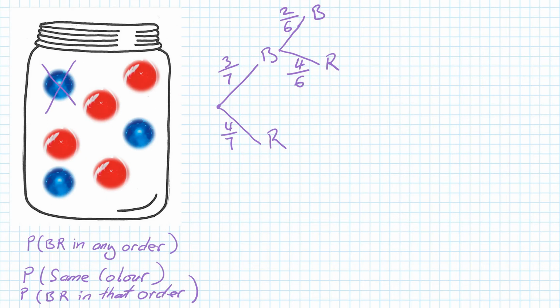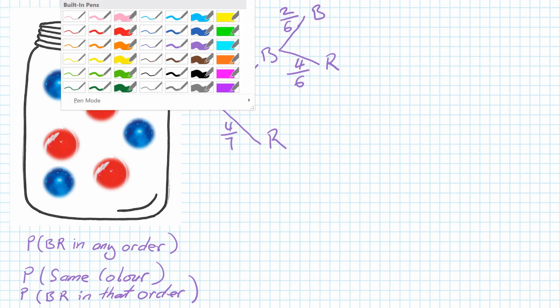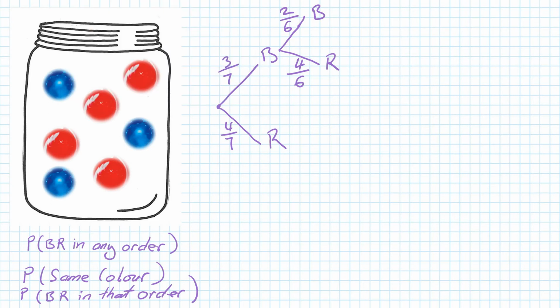Now let me clear the cross out first, to make it clear for you. In this stage, what happened is I get a red marble first. If I get a red marble on the first draw, this is gone, right? So you're left with 3 blue and 3 red.